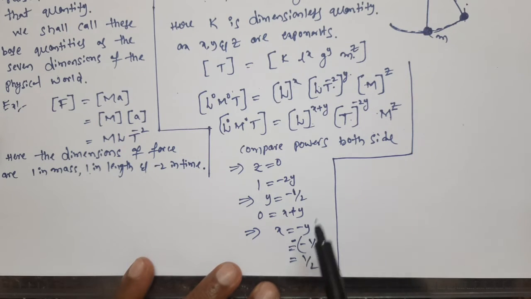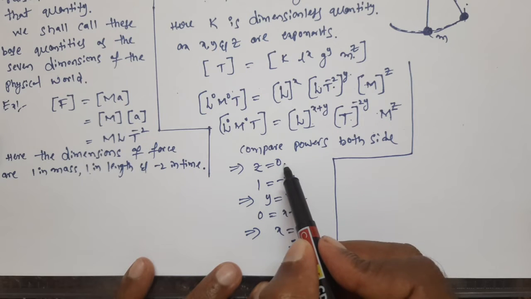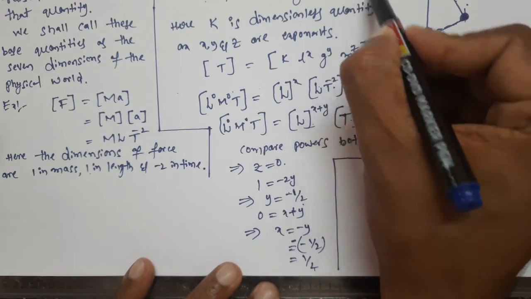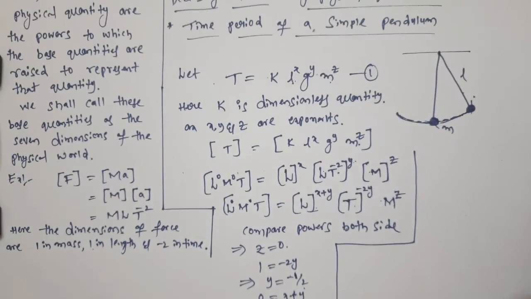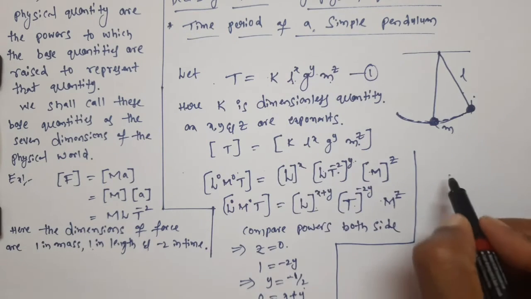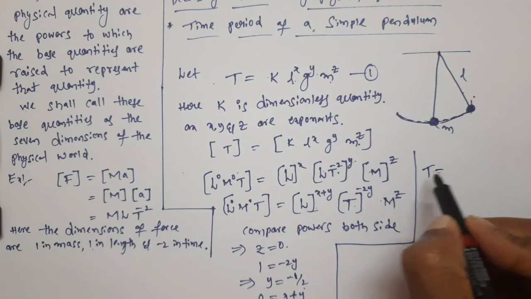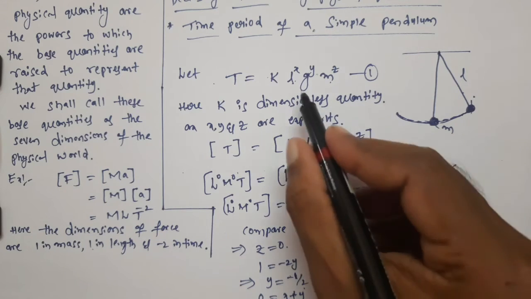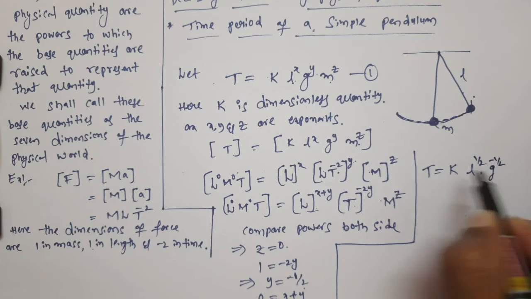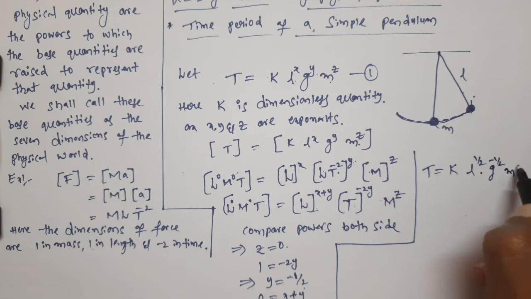Now finally, if we substitute, x value is half, y value is minus half, and z value is 0. Let us substitute these x, y, z values in equation number 1. So T is equal to K into L power x, which is half, and G power y, which is minus half, and M power 0.